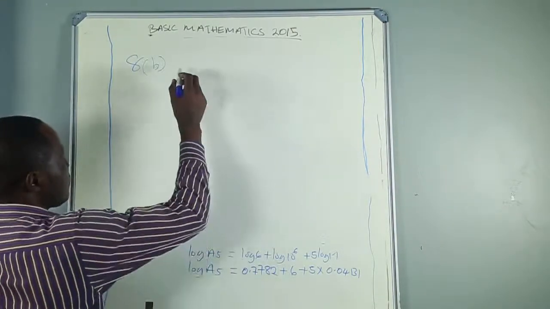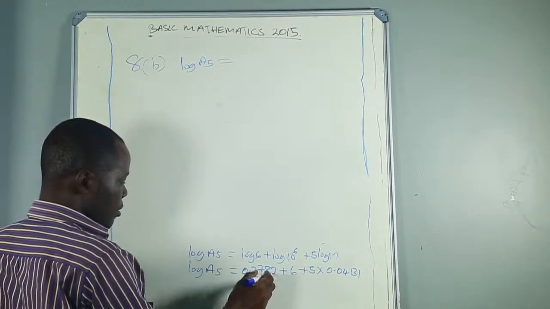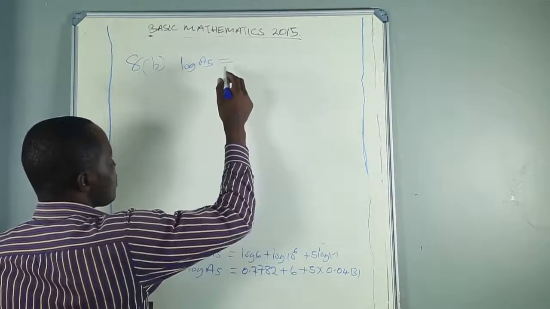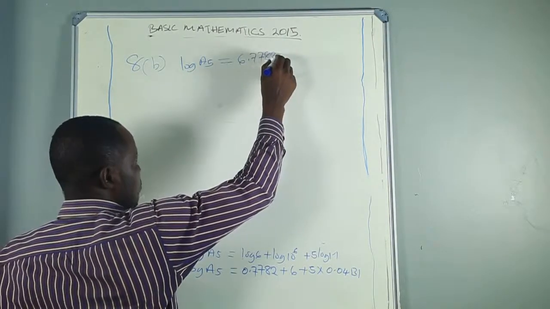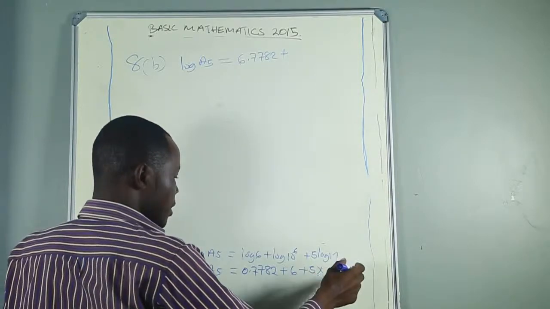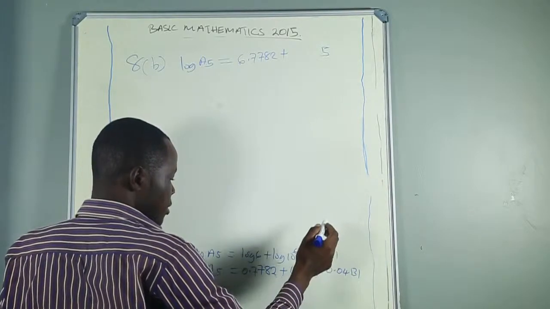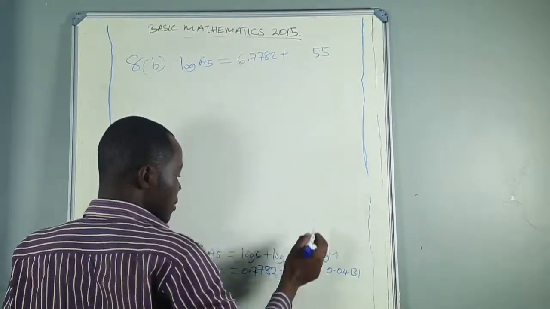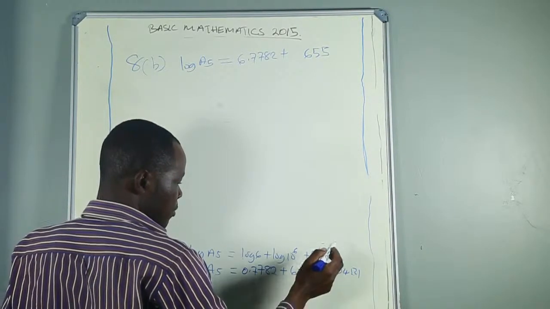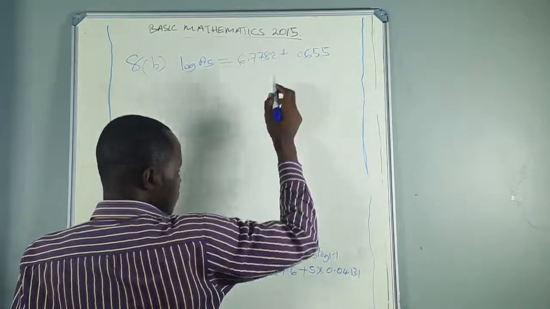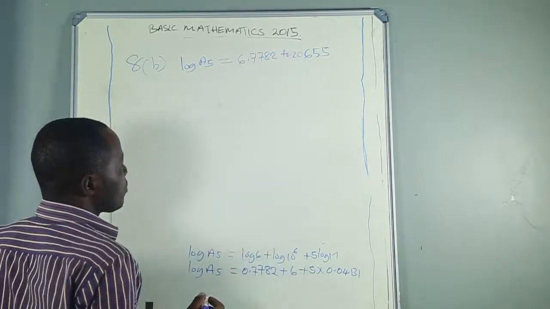So log A5 is equal to 0.7782 plus 6, which is 6.7782, plus 0.0413 times 5, which is 0.2065.